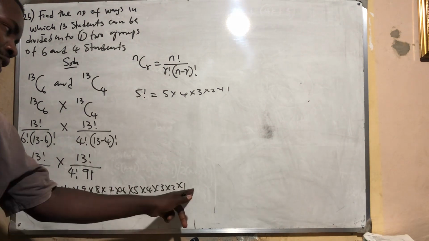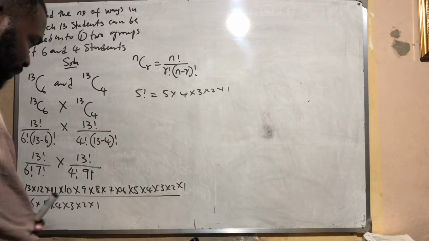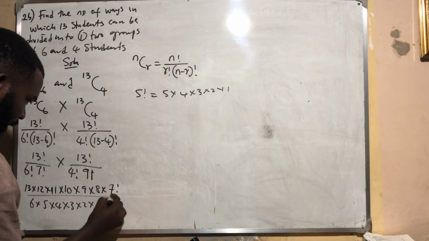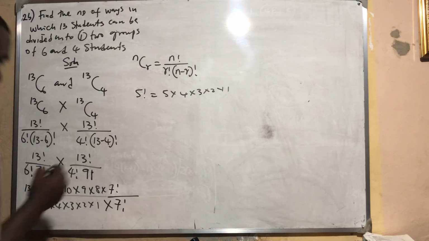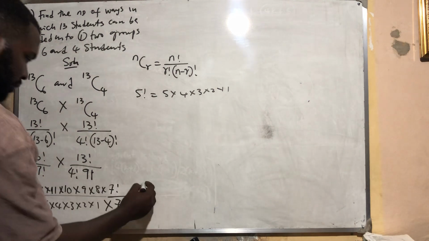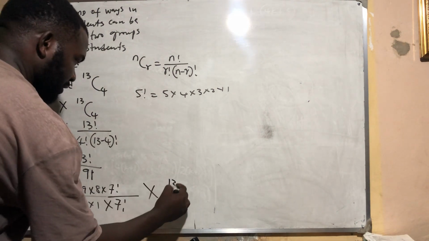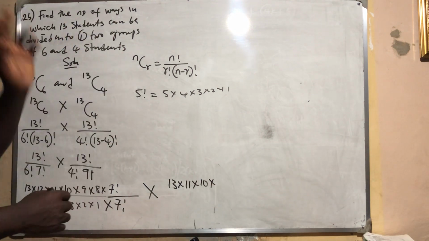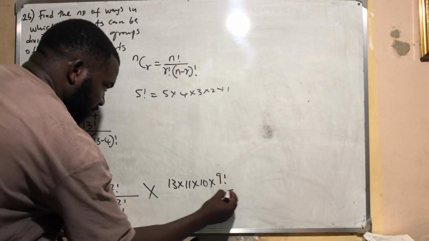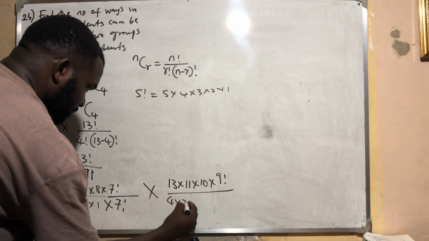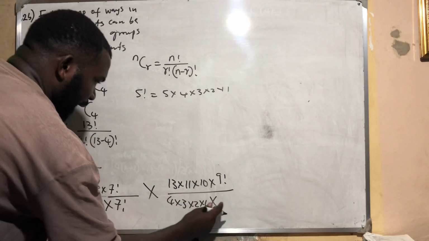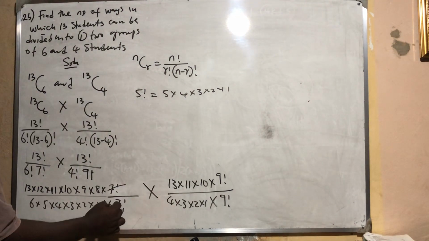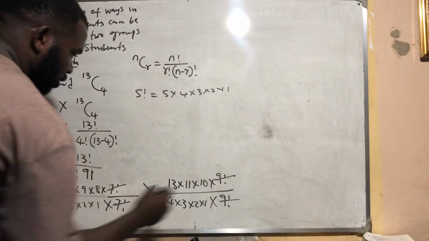Do you know that from here to here is the same as 7 factorial? So it's better that when I get to this place, I write 7 factorial, because I know that the other 7 factorial in the denominator will cancel it. Times 13 times 12 times 11 times 10, and instead of writing 9 times this, I'll write 9 factorial, because I know that the other 9 factorial will cancel it. So 7 factorial takes care of 7 factorial, 9 factorial takes care of 9 factorial.